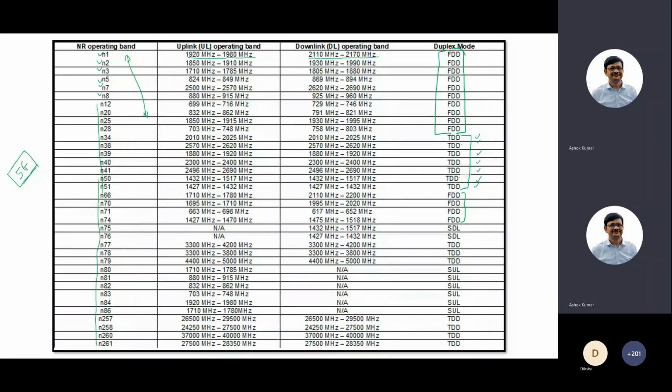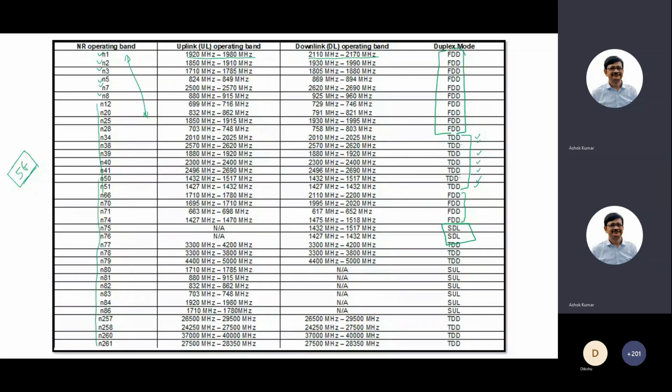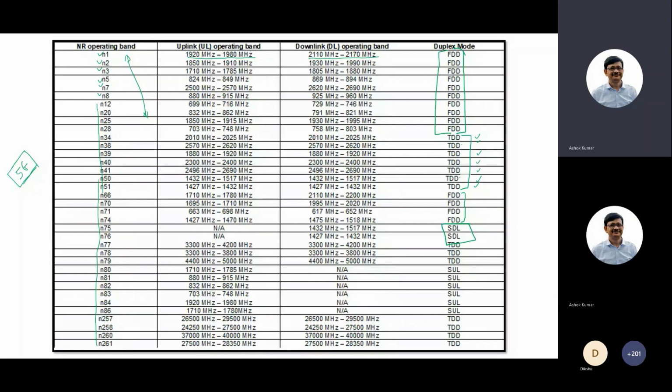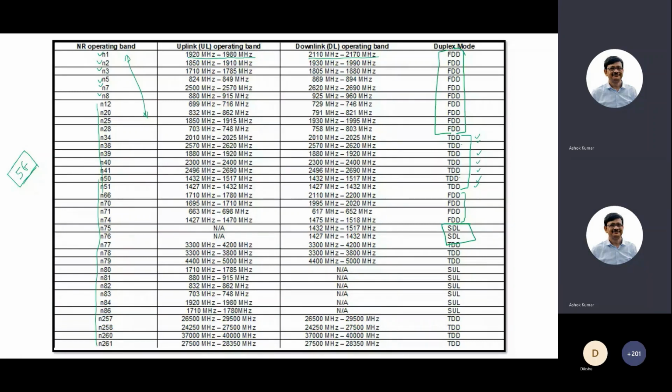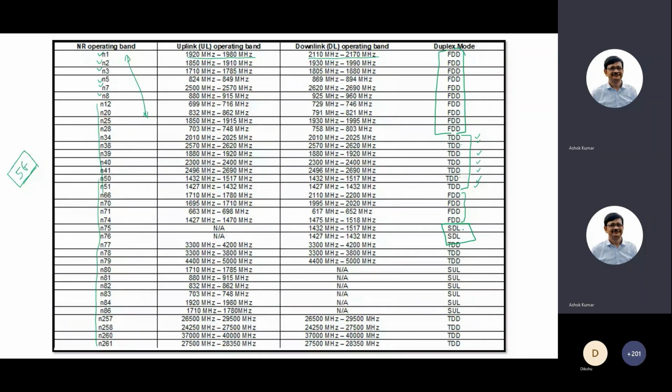Now there is something special called SDL. Can somebody guess what it is? In 5G, we have the concept of something else. Maybe single download link. Okay, any more answers? This is called supplementary downlink.